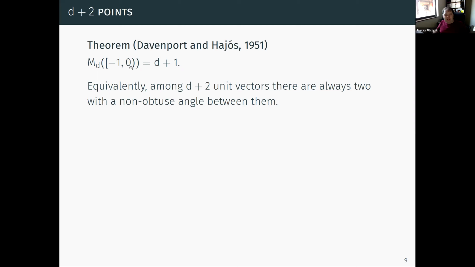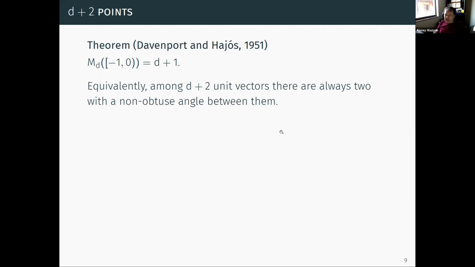The result claims that if you have a restricted set where all scalar products are negative, then the number of points is no greater than d plus 1. Or in other words, if you have d plus 2 vectors, you should have an angle that is no greater than 90 degrees. This result is not a consequence of linear programming bounds.